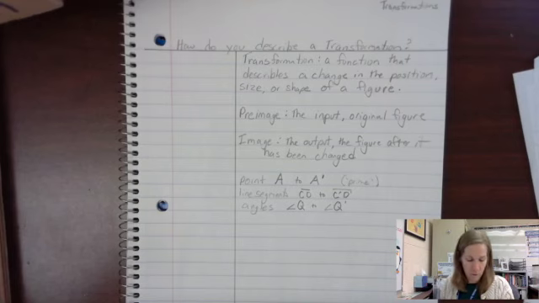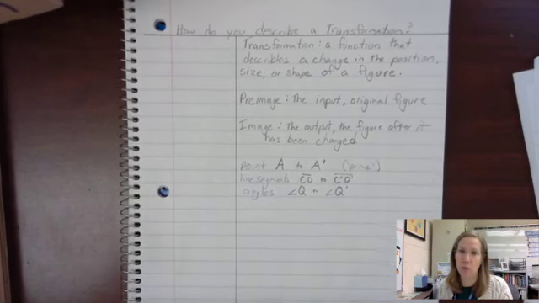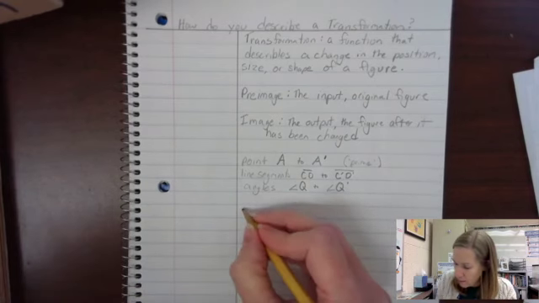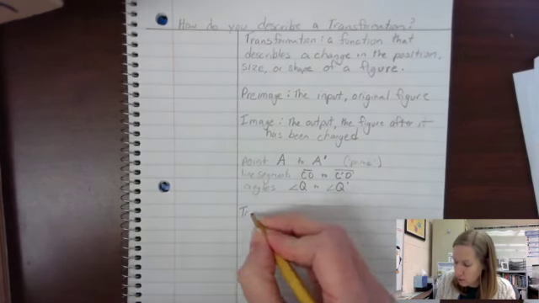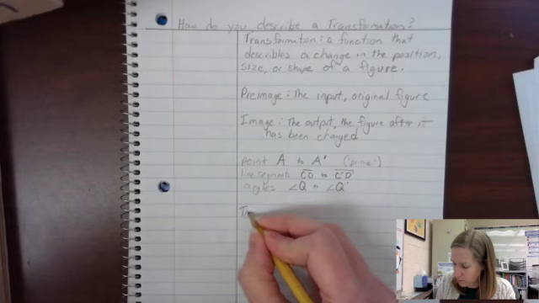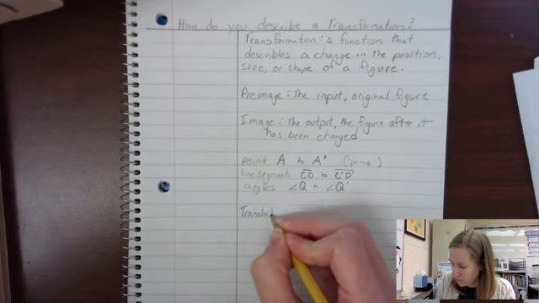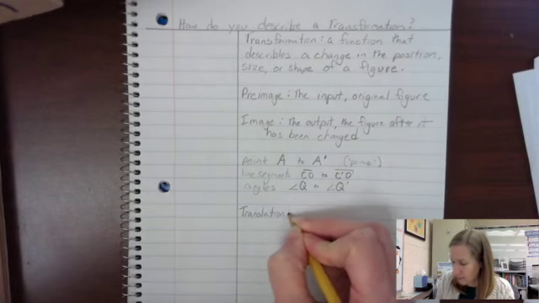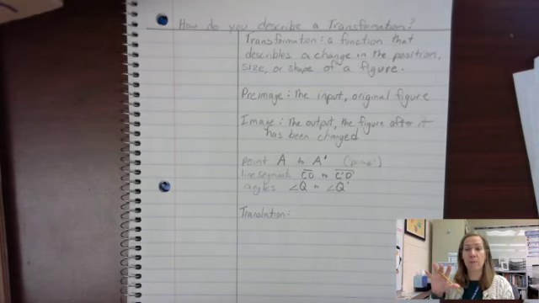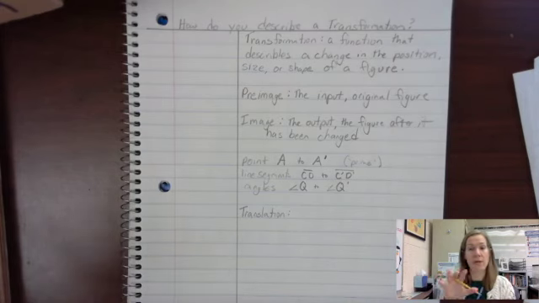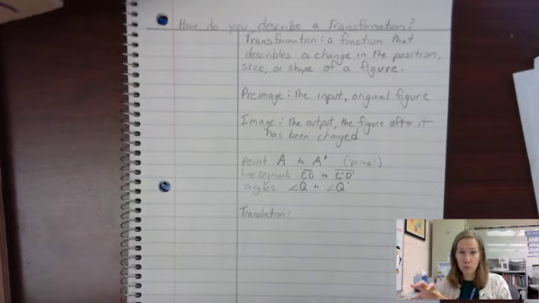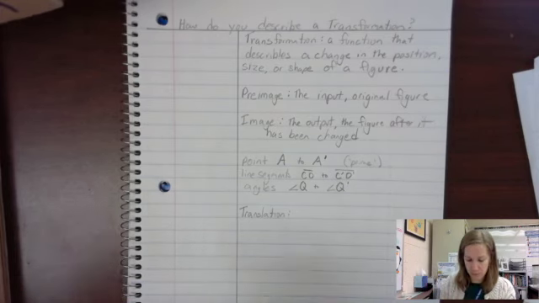So there are 4 main types of transformations that you're going to have to learn about. The first one is called a translation. Translations just mean you can move left, right, or up and down. So same figure, just moved left, right, up or down.